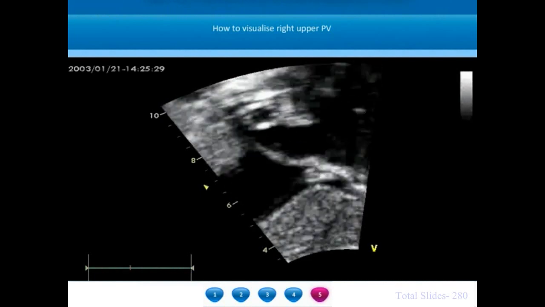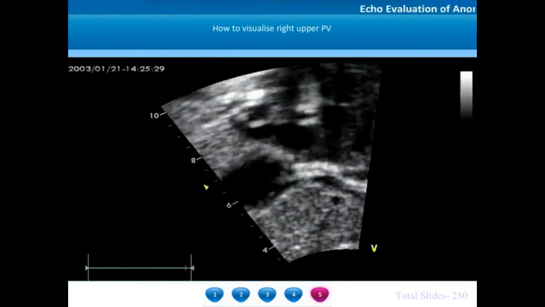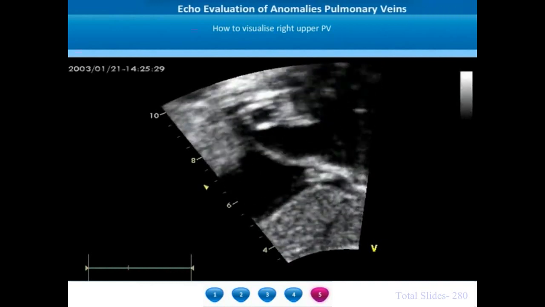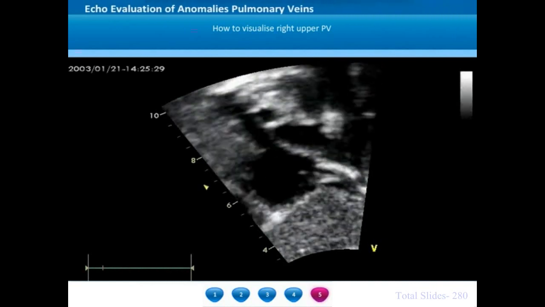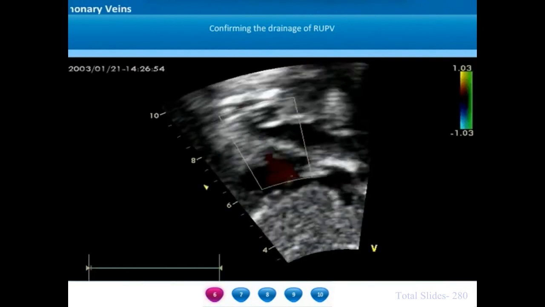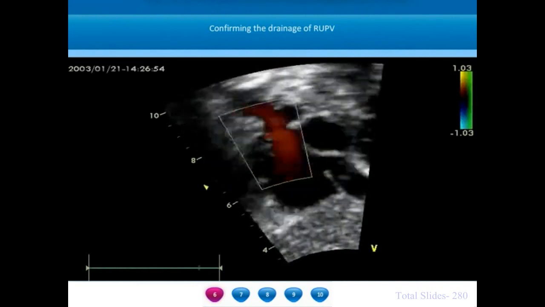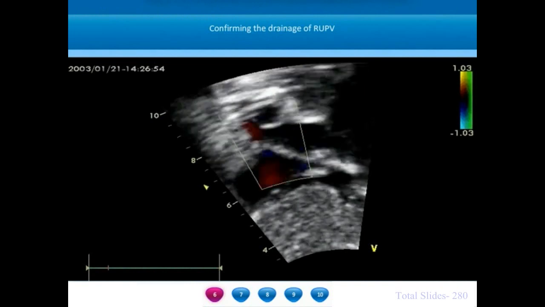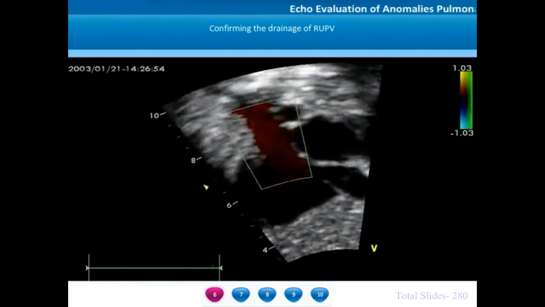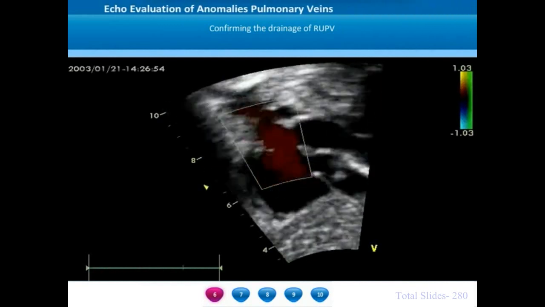This right upper pulmonary vein will be seen anatomically to enter the left atrium between the superior vena cava anteriorly and the right pulmonary artery, which is seen as a rounded shadow posteriorly. When we apply color Doppler, that confirms the flow of blood from the right upper pulmonary vein into the left atrium, behind the superior vena cava and anterior to the right pulmonary artery.